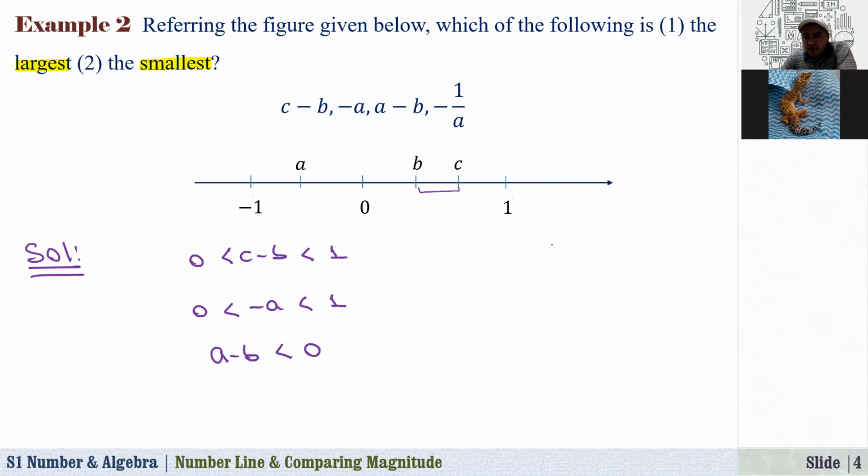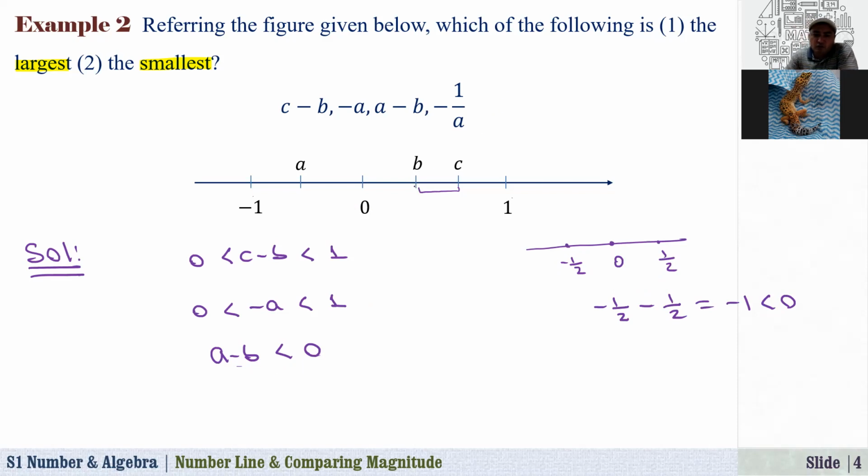To understand this immediately, you can take an example: here we have 0, let's say here we have negative 1 over 2, and here we have, for example, 1 over 2. What is negative 1 over 2 minus 1 over 2? That's equal to negative 1, which is less than 0. And that's why here A minus B is less than 0. Whether it is greater than or less than negative 1, we don't know, because there is not enough information here. But what we know is its sign.